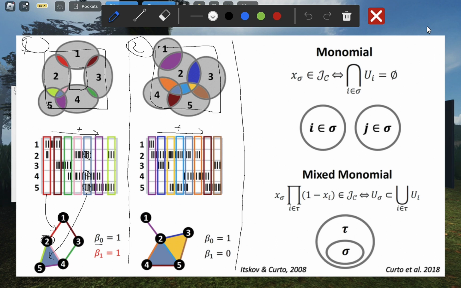And you'll notice that I've written beta 0 and beta 1. These are the Betti numbers. If you do simplicial homology, you have a formal way of counting the number of holes in this environment. So it's about the topology. Beta 0 is the number of connected components. So here there's only one connected component.